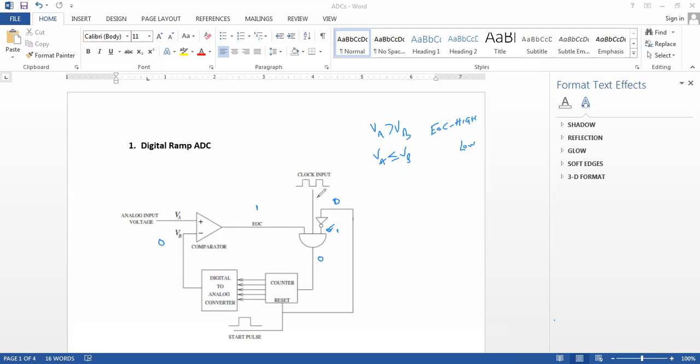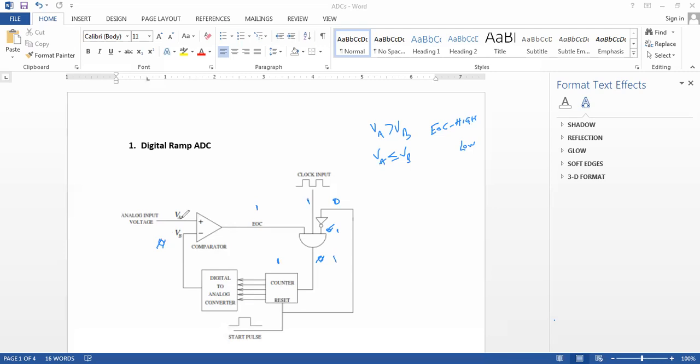When a clock input comes as a 1, all the inputs to the AND gate will be 1, and therefore the output will also be a 1. That 1 is able to clock the counter, and then our counter counts 1. That 1 is converted into its analog equivalent, a voltage VB, and VB is compared with VA.